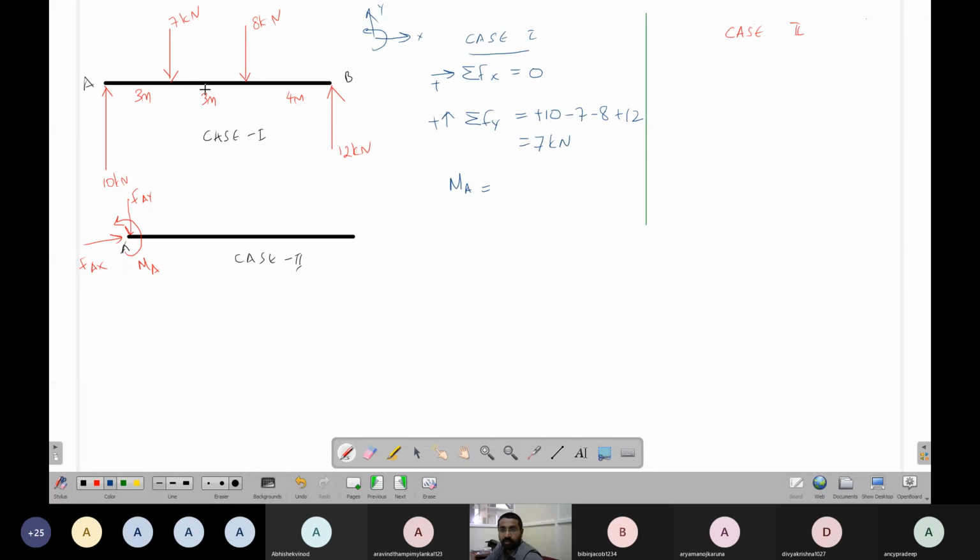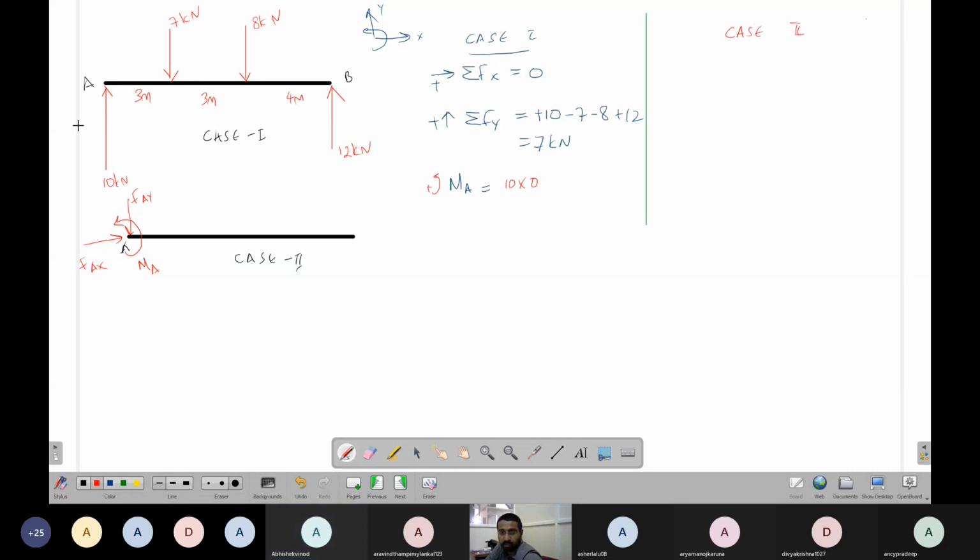What is the moment about A due to this force? Force into distance of. So how much is it? It is 10 kN. About this point. So how much is the moment? It is 10 into 0. Okay, so that is 10 into 0. The next force, 7 into 3. Clockwise or anti-clockwise?